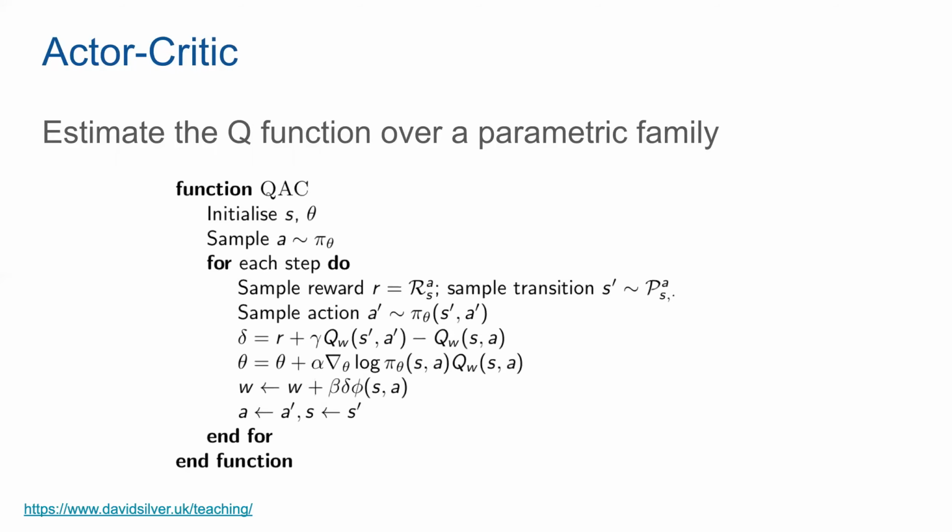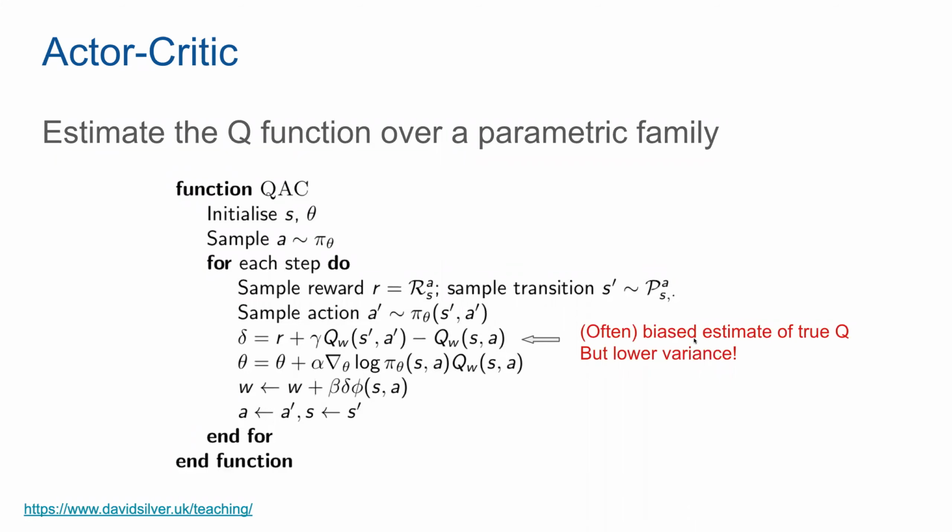So again, this is just a simple algorithm. Probably the simplest actor critic algorithm. Again, this is just a screenshot from David Silver's lecture notes. And the key thing I want you to pay attention to, it's not important to look at the entire algorithm, is that we learn this Q estimate as a parametric model.